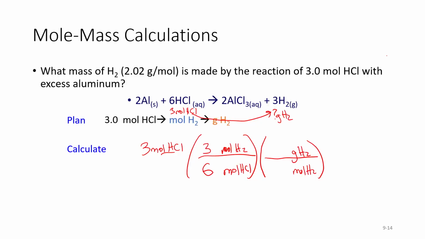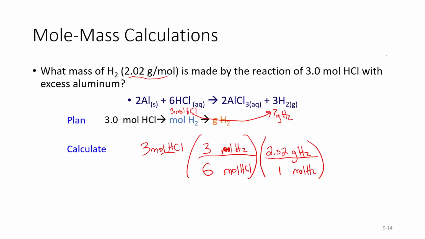Now here, we're converting between moles and grams of the same substance. So we're going to use our standard of 1 mole is equal to the calculated mass from the periodic table. Well, they already tell us the conversion up here. So this is their calculated mass from the periodic table. So we're just going to use that number, 2.02 grams of H2 and 1 mole of H2.